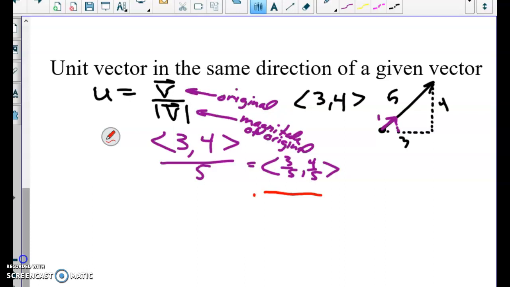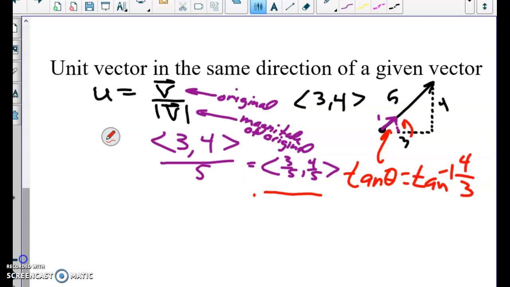Now, notice that I have an angle here, my angle up. We can also find the direction of that vector by using the tangent of theta, that's this guy right there, which is equal to the opposite over the adjacent.